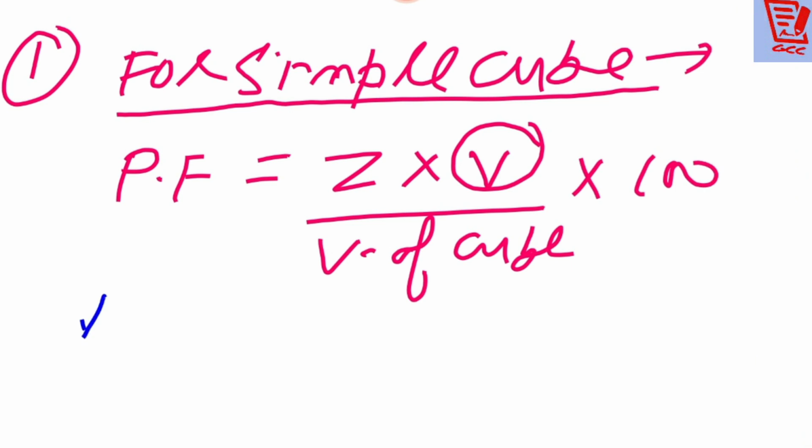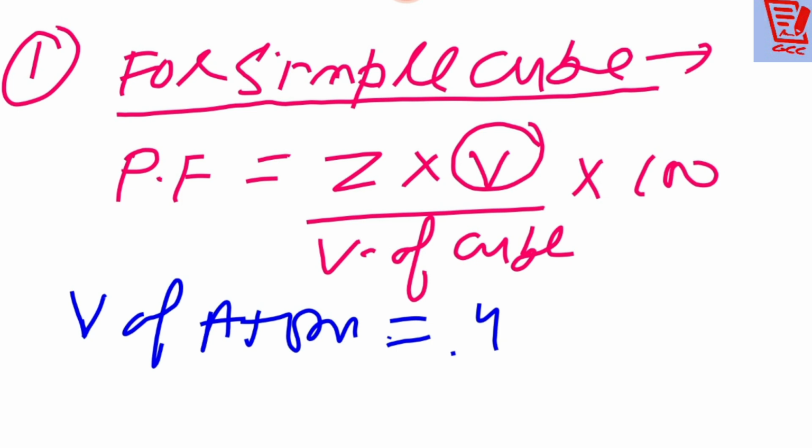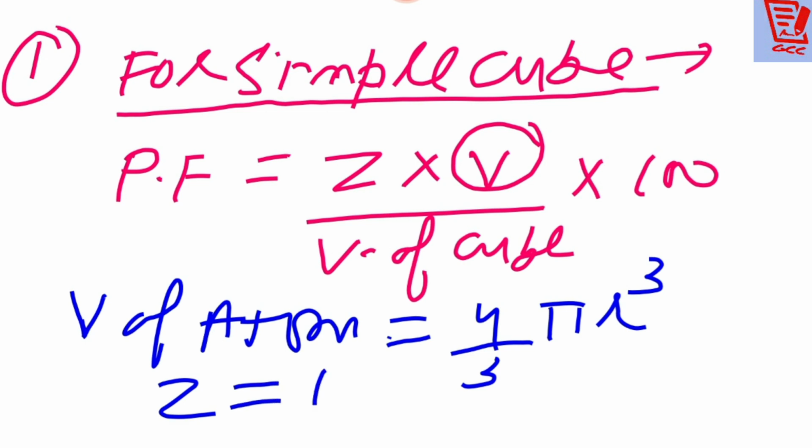Volume of atom is 4 by 3 pi r cube. And the z value here is 1, because you know very well that the number of atoms for the simple cube is 1.